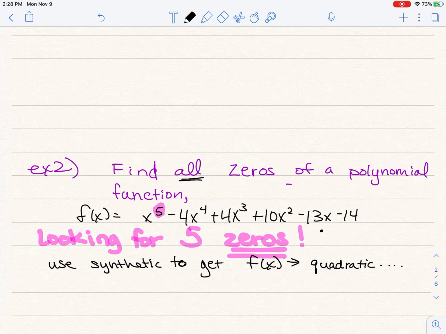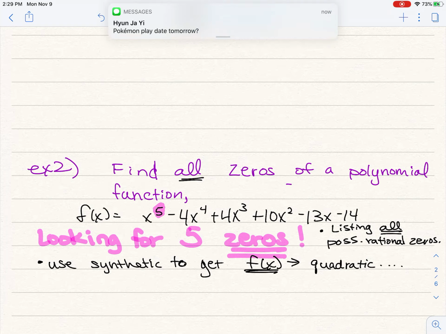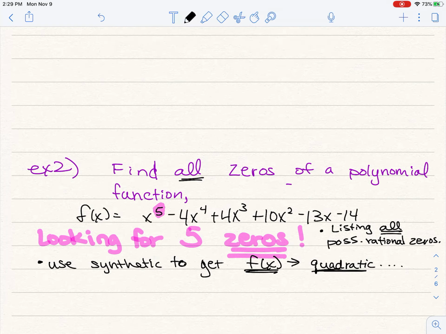The last section we looked at listing all possible rational zeros, which we learned how to do. In section 5, we used synthetic division to get f(x) divided down to a quadratic, and we solve that. So we're going to go ahead and do that right now.